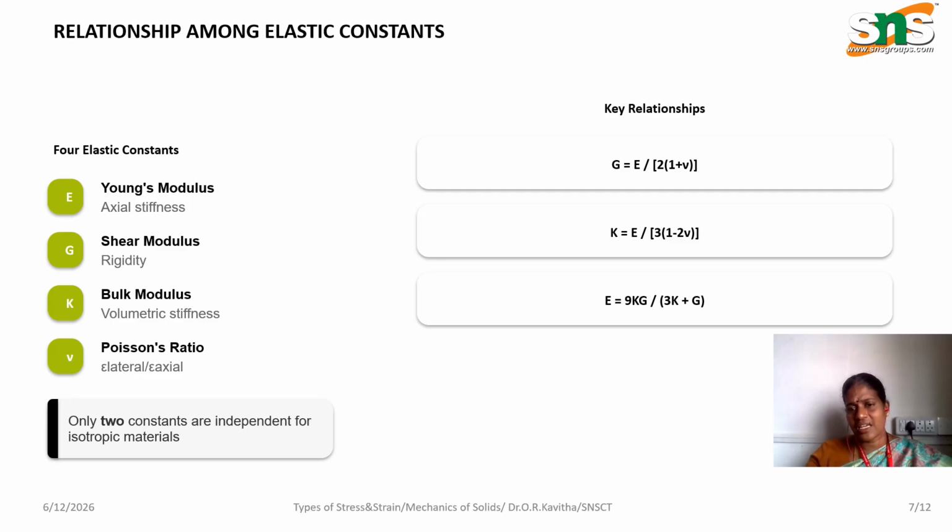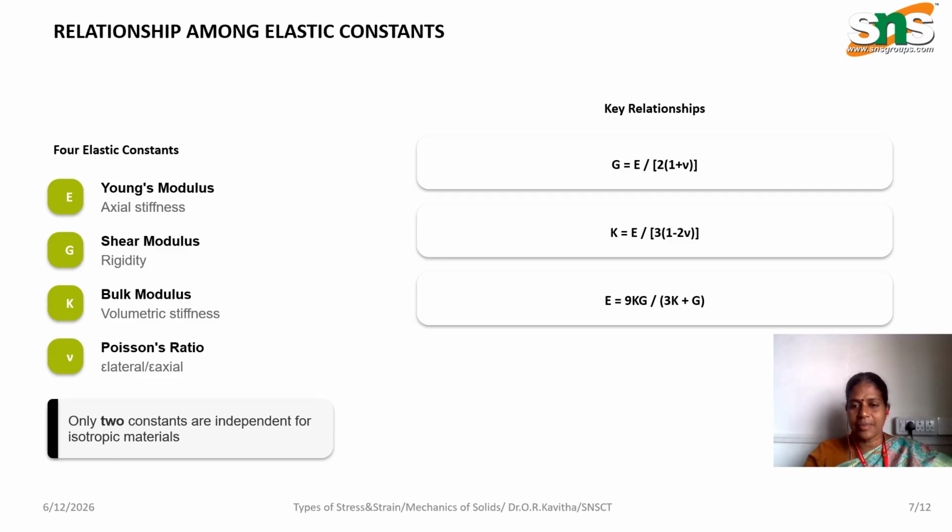If I am taking the relation, we always represent the Young's modulus by E, the shear modulus by G, the bulk modulus by K, and the Poisson's ratio by mu. So these are the relations. The relation between the Young's modulus and shear modulus is G equal to E divided by 2 into (1 plus mu).